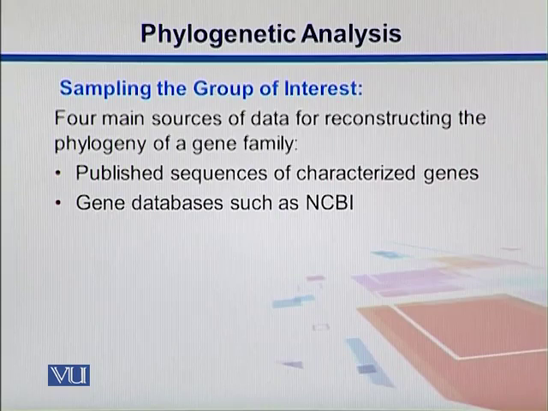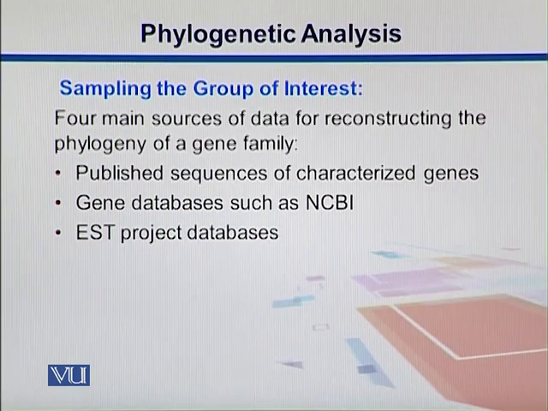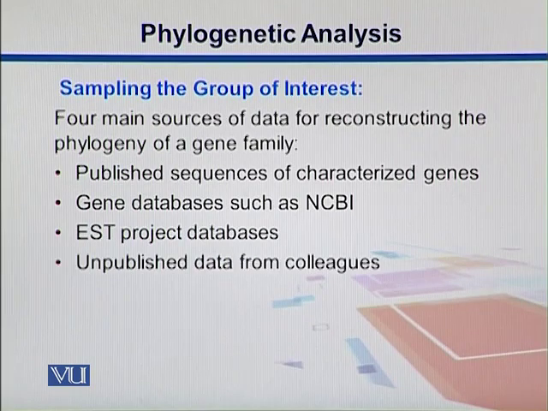We can use gene databases like NCBI. Maybe your data is coming from Expressed Sequence Tags or EST project databases, where we have the genes which are expressed and we can have the coding genes in our analysis. We can also get some unpublished sequences or genes and make trees from them.